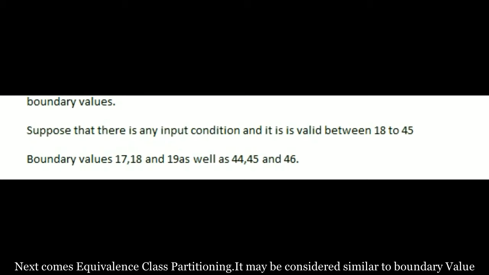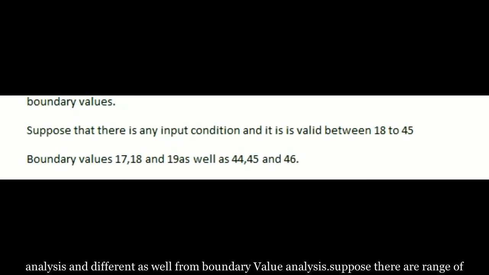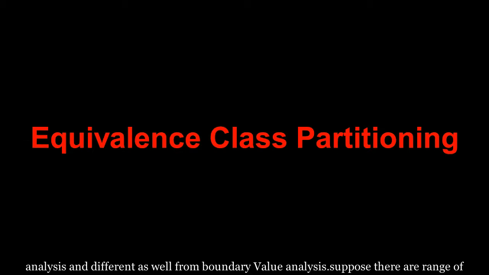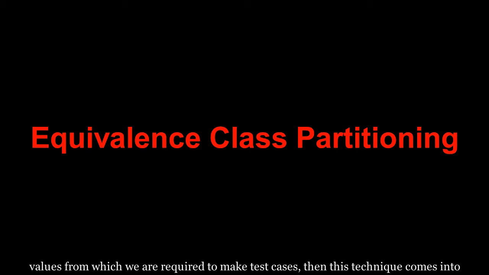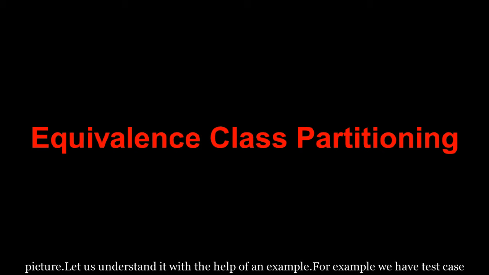Now next comes equivalence class partitioning. It may be considered similar to boundary value analysis, and different as well. Suppose there is a range of values from which we are required to make test cases. Then this technique comes into the picture. Let us understand it with the help of an example.